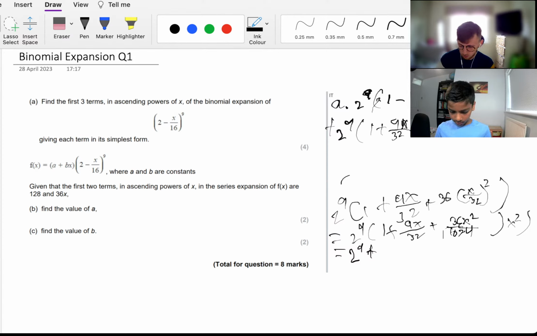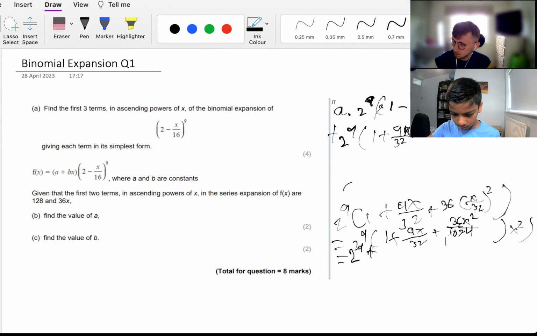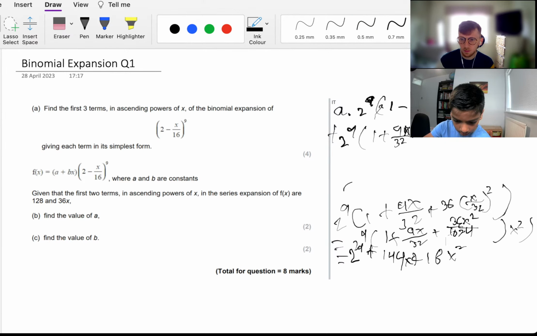So that's 144, times 2 to the power of 9, 18 x squared and x, so 2 to the power of 9 is 512.